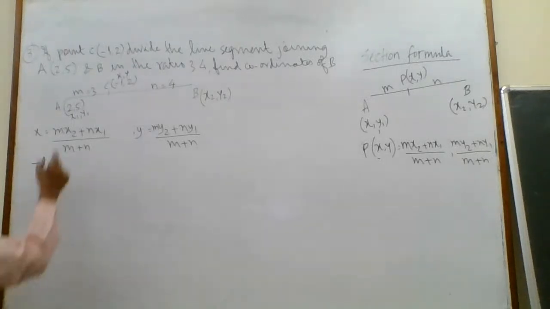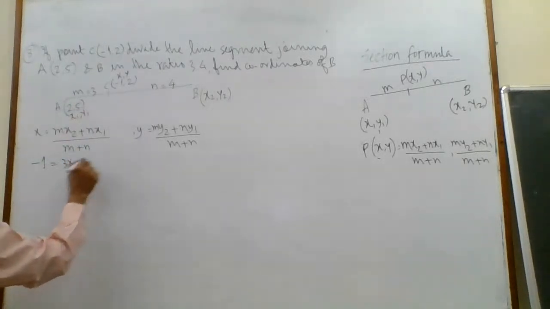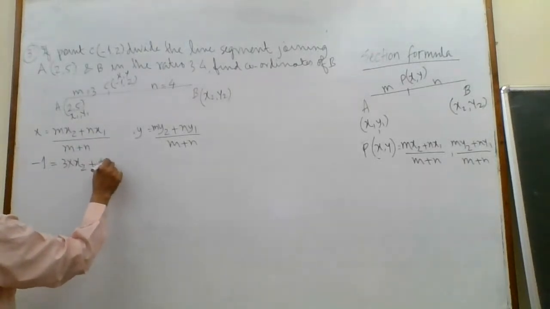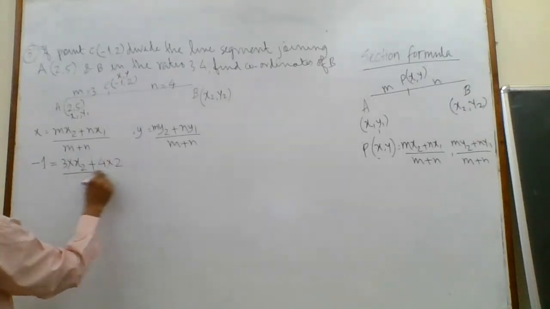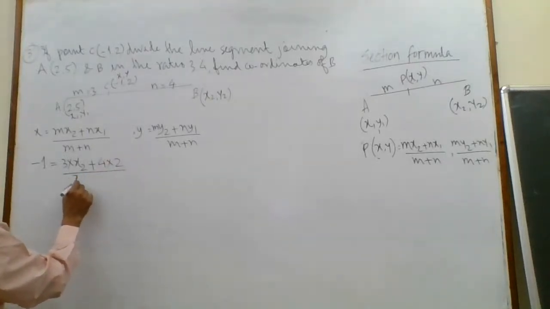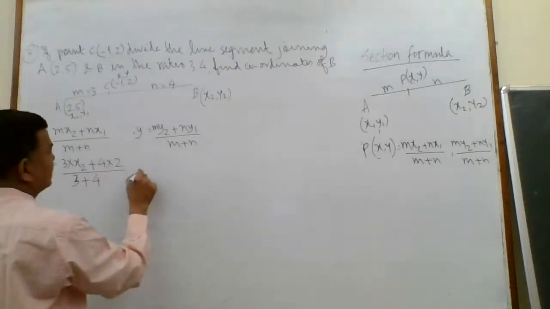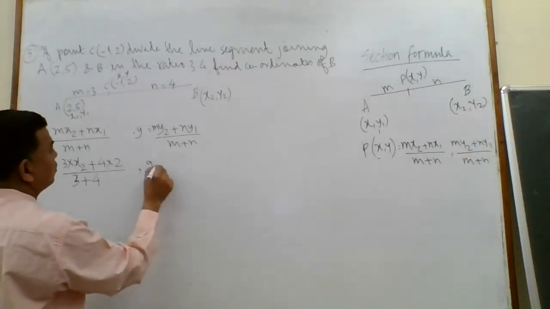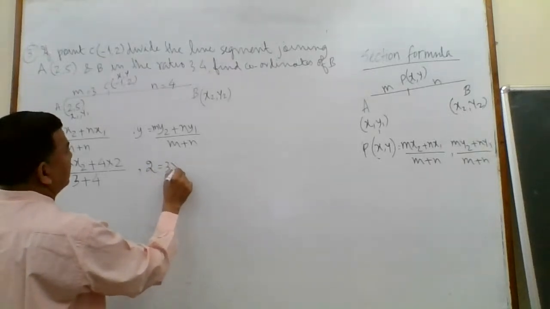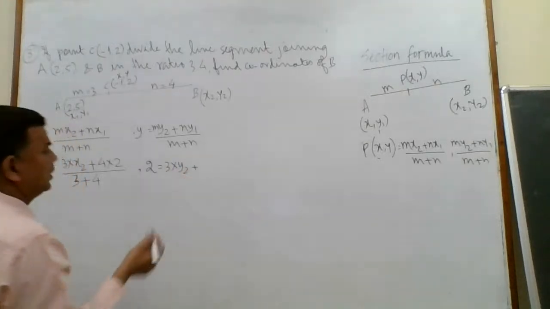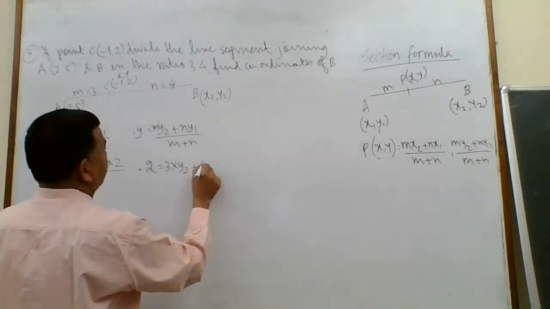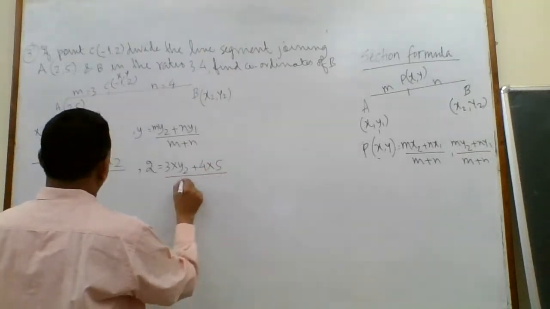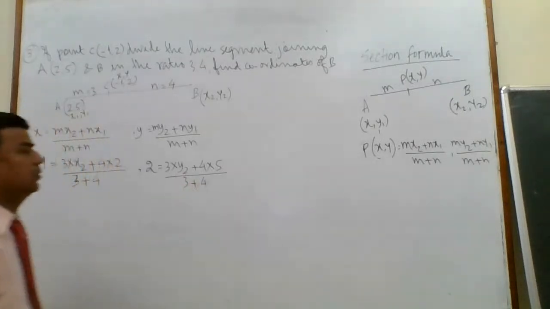Minus 1 equals (m 3 into x2 unknown plus n 4 into x1 2) by (m plus n). Same way here, sorry, y. How much is y equal to? 2 equals (m 3 into y2 unknown plus n 4 into y1 5) divided by (3 plus 4).